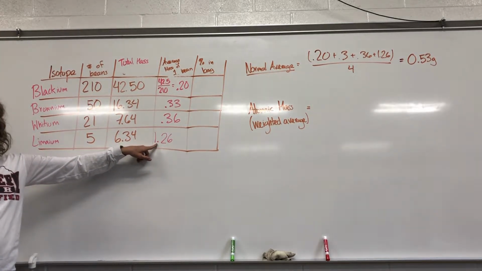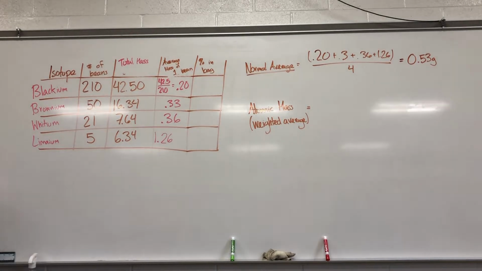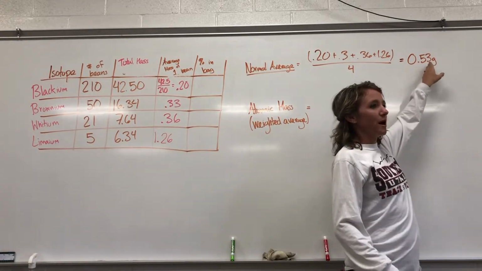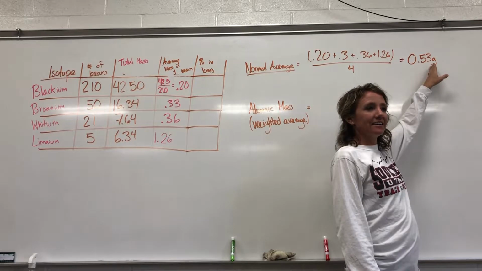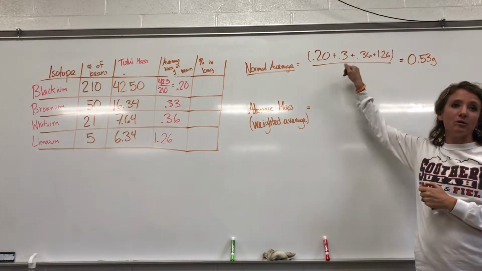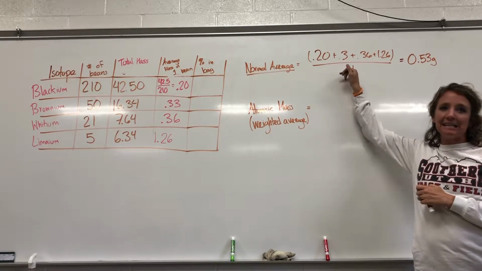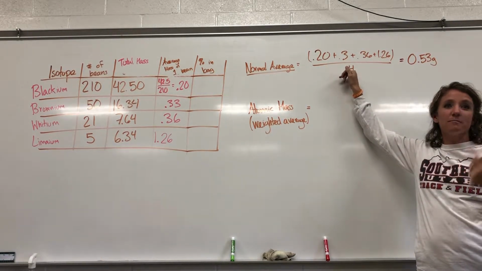But also, what's the probability of me actually pulling out a limium? 1 in 4% of 86 or so. Pretty low, right? I only have 5 limiums. So this normal average, the problem with it is it's cutting it into 4 equal parts. But isotopes are not equal in their weight or in their amounts.